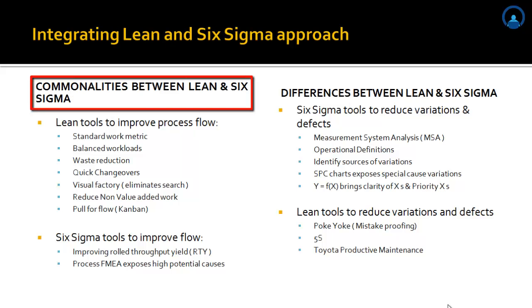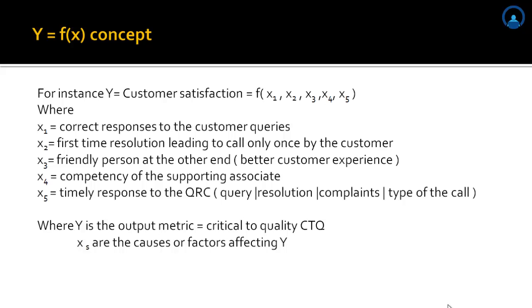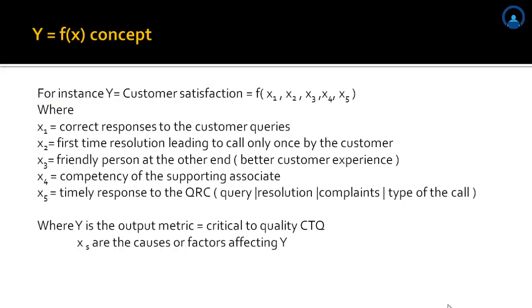The commonalities between Lean and Six Sigma: Lean tools improve process flow, and the Y as a function of X concept is another one. For instance, Y, the customer satisfaction in this case, is a function of X1, X2, X3, X4, X5, where X1 is the correct response to customer queries, X2 is first time resolution leading to the customer calling only once, X3 is a friendly person at the other end, giving better customer experience, X4 is the competency of the supporting associate, and X5 is the timely response for the QRC.